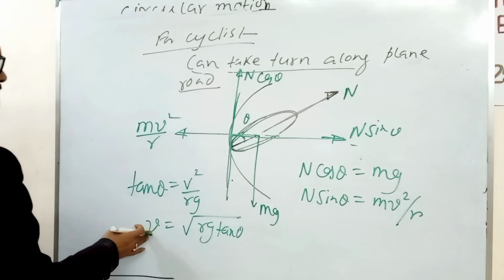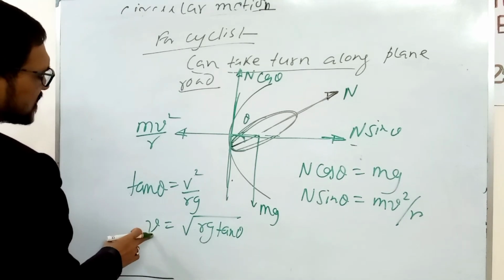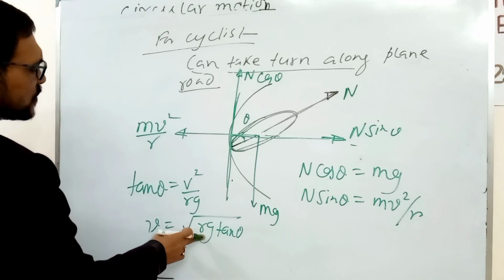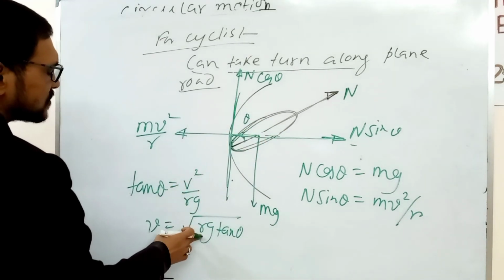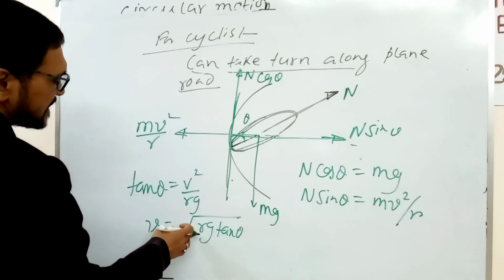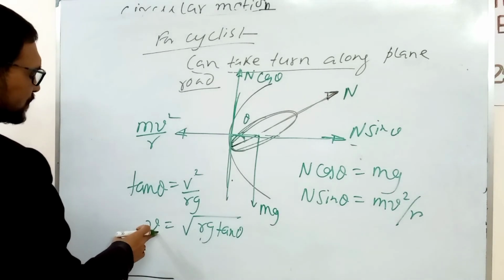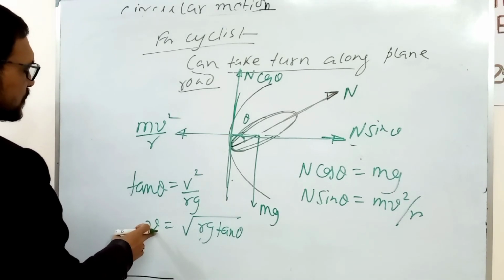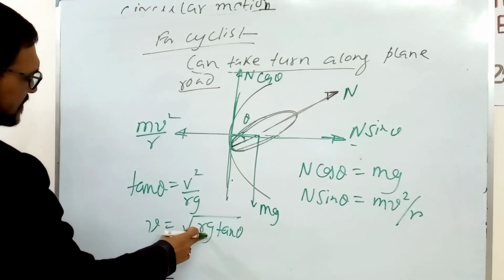If the cyclist wishes to increase his velocity, then r should be more, that is he turns with a greater radius. And if he wants to turn with less velocity, then r should be less.